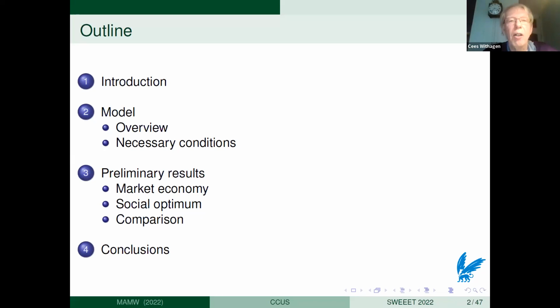We are trying our best to finish the paper in 2 weeks, and there are still some things that need to be resolved. That's why I call the results preliminary. I will say something about the market economy, something on the social optimum, and I will compare the two different outcomes of the model. And finally, I will draw some conclusions.